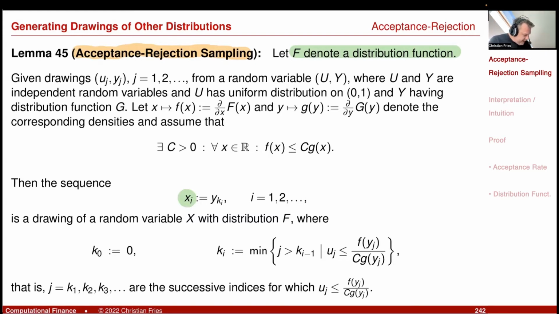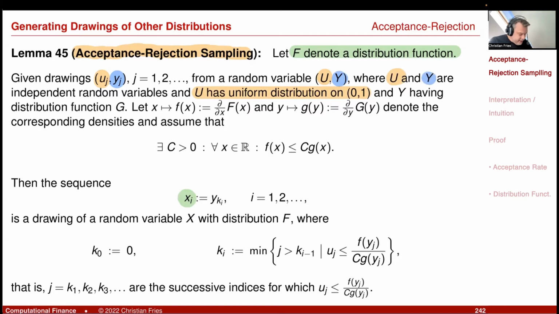So given are now drawings uj and yj from random variables U and Y. So U is just a uniformly distributed random variable. Okay, we know how to generate that. We have random number generators that generate uniform numbers.